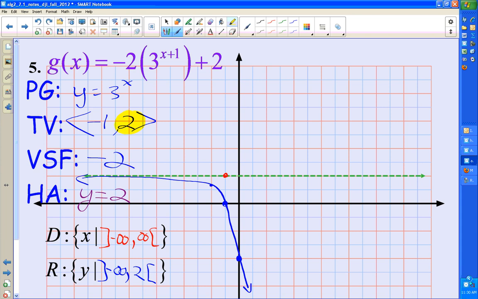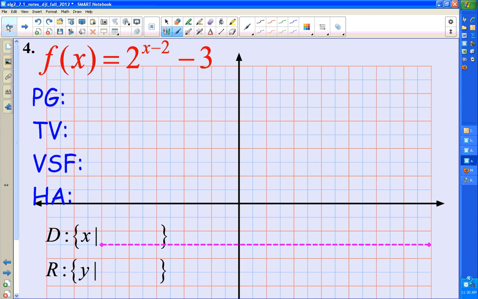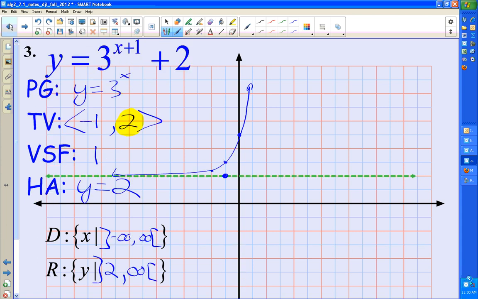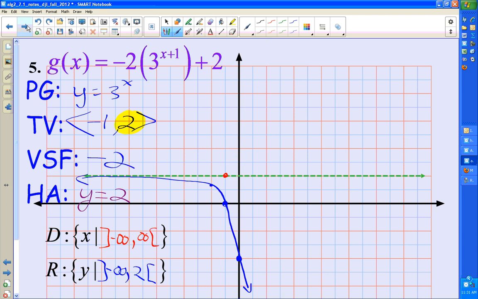It's asymptotic. We're going to approach, but not get to. So this graph is a little bit tricky because of the negative 2. Otherwise, it's not very different than what we did right here. 3 to the power of x plus 1 plus 2, but we have a negative 2 vertical stretch, which causes a flip.